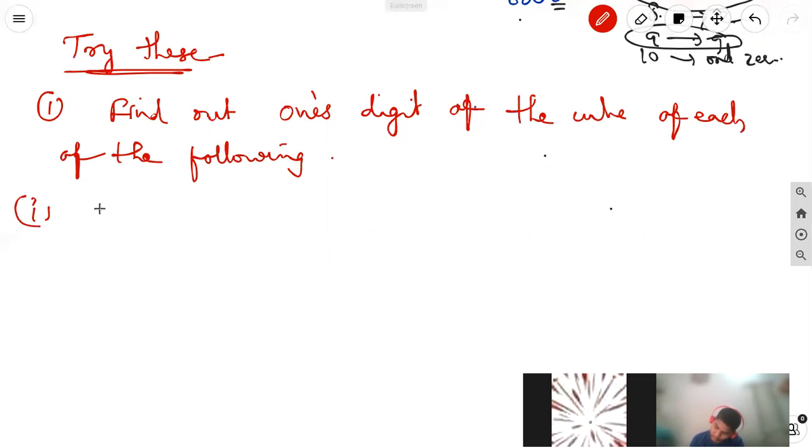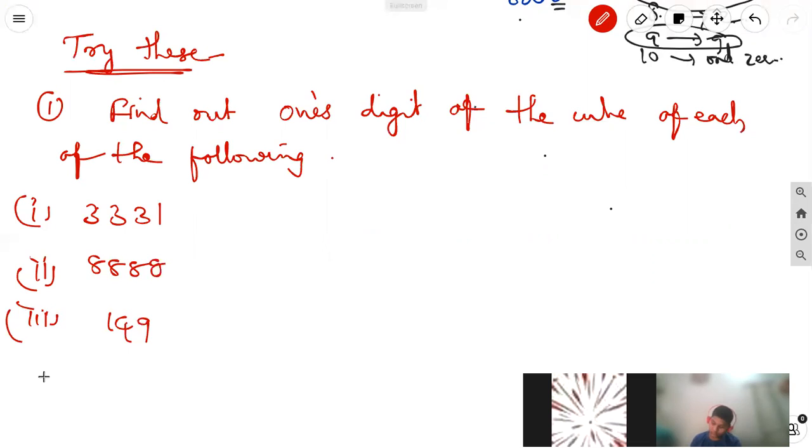The first problem is 3331. Second problem, 8888. Third one, 149. Fourth one, 1005.